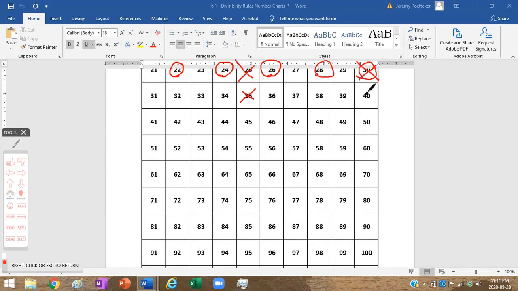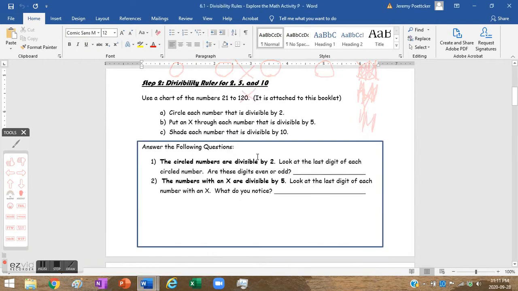There we go, etc. Again, I'll let you finish this off. And then shade gently. I can't really do gently on the computer screen, but shade the ones divisible by 10. So here's one divisible by 10, divisible by 10, divisible by 10, and so on. Pause this, finish this up for the entire chart all the way to the bottom, and then you're going to flip back to your other booklet, and we'll deal with the questions then.